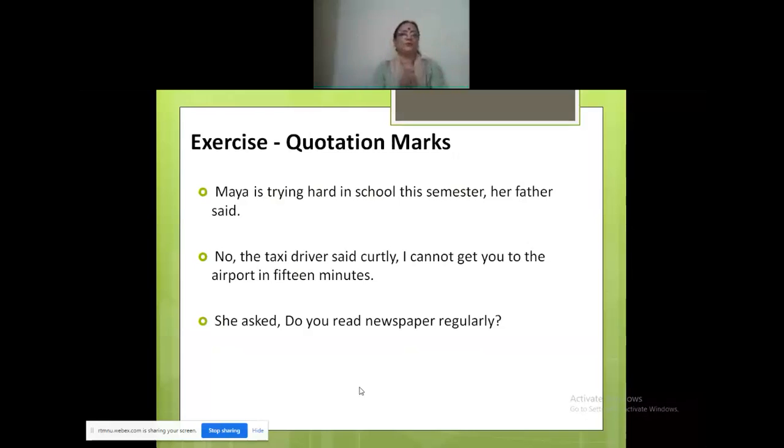Okay, now let us do this exercise. Where will the quotation marks fit in? Before Maya, and after this semester. Okay, yes. Then the second one?